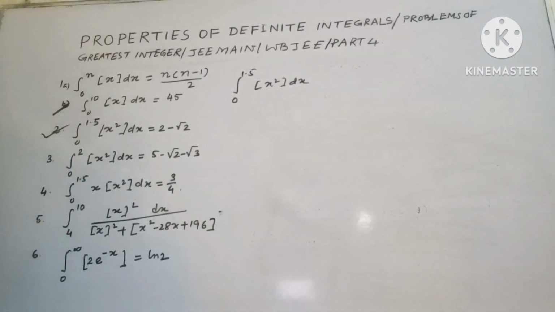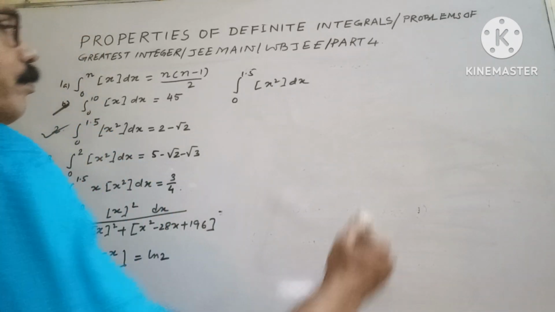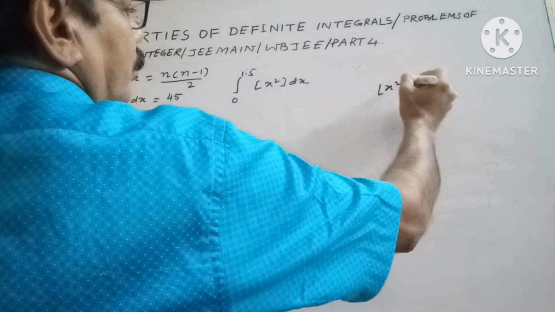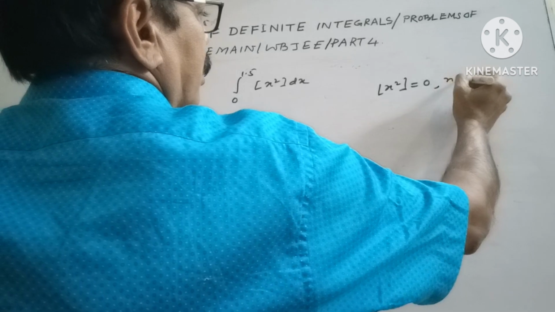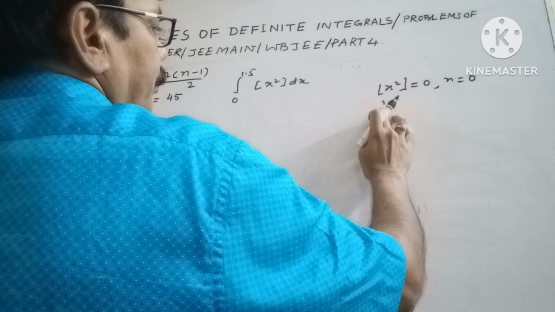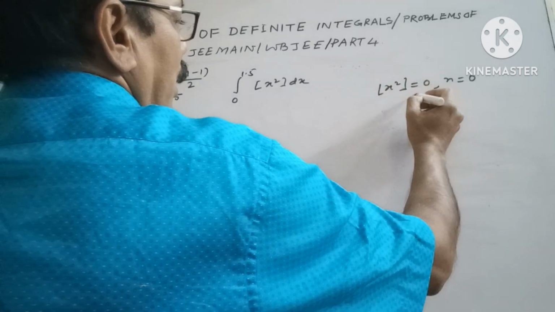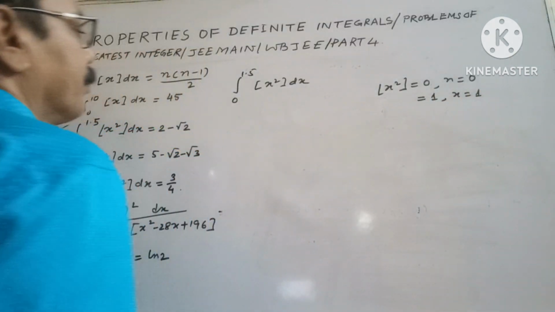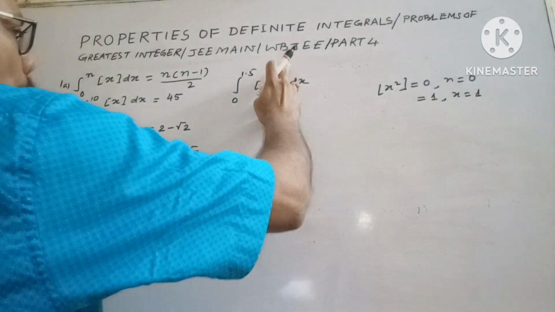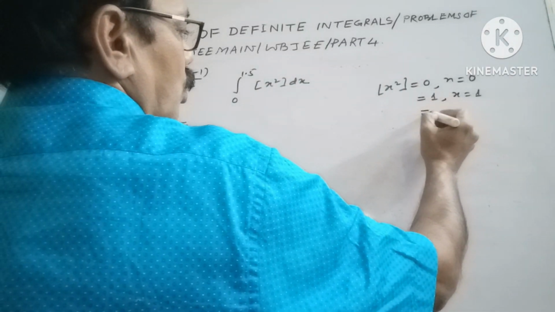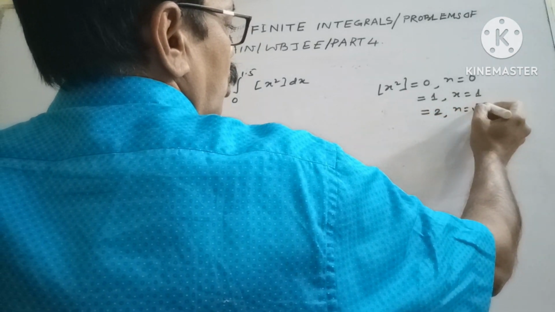So, x square should be an integer between 0 to 1.5. So, look at x square. It is 0 at x equals 0. At x equals 1, this is 1. Then the next integer after 1 is 2. So, this is root 2.